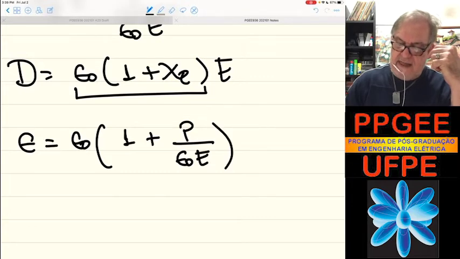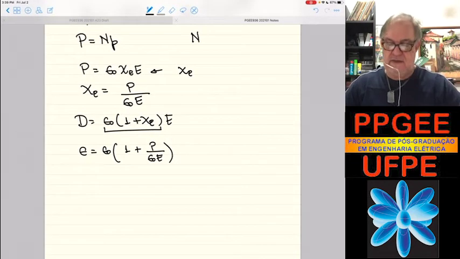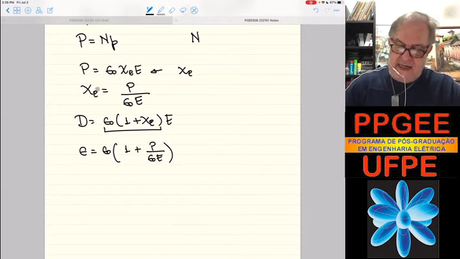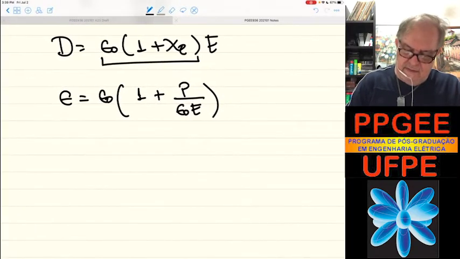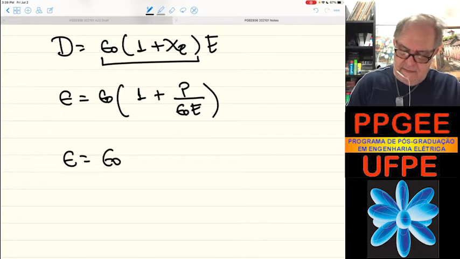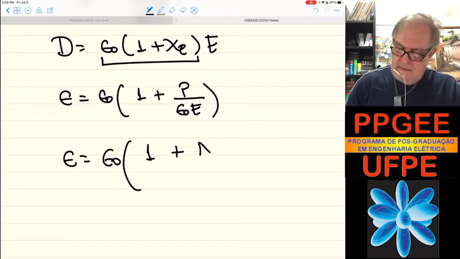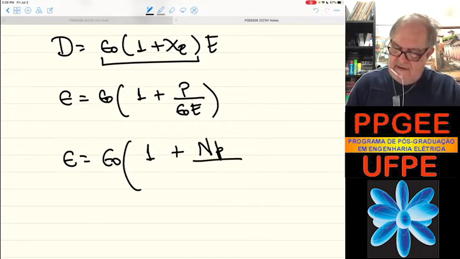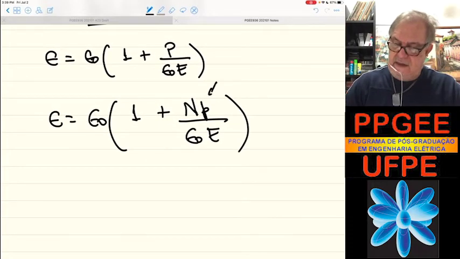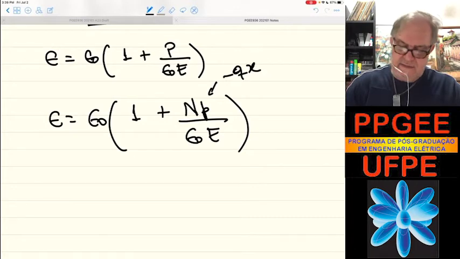So let's put that down in terms of the quantities we determined. You see that the polarization equals N P, right? So chi e is the polarization, N times the dipole moment, divided by epsilon 0 E. And dipole moment is minus q x.